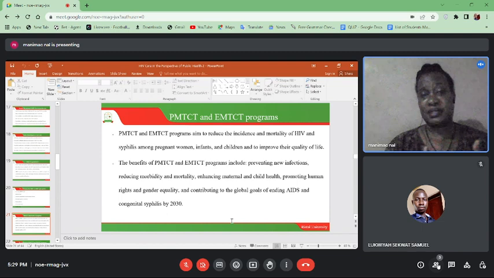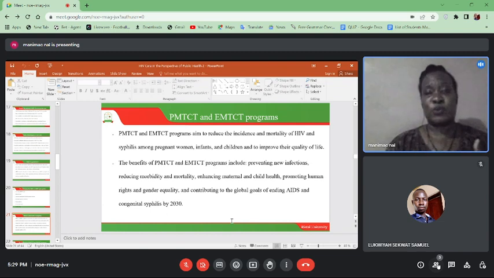More to that, the program also enhances maternal and child health, as well as promoting human rights, because people who are positive, in most cases, their rights are neglected.